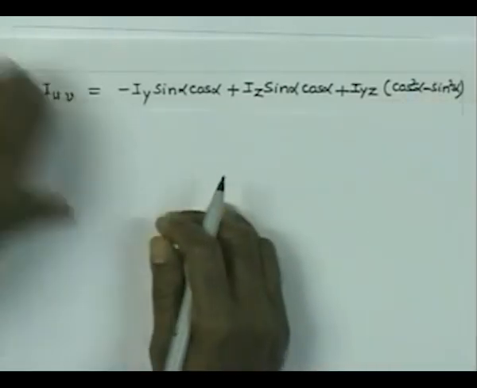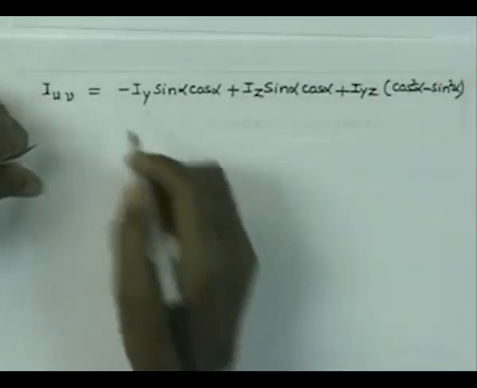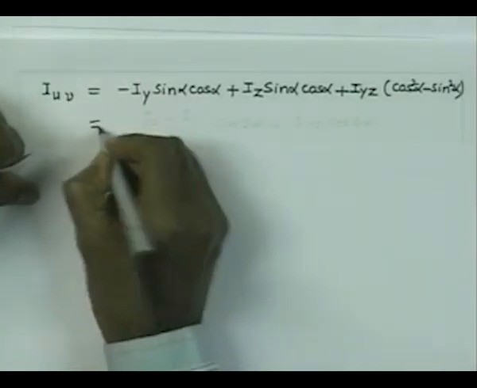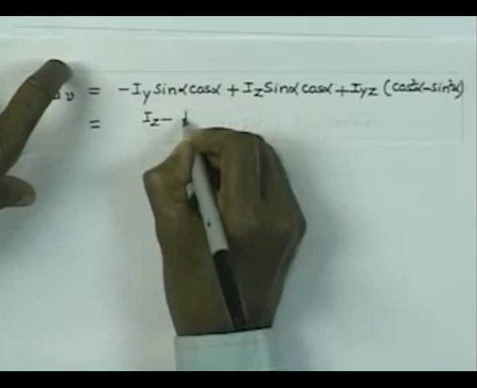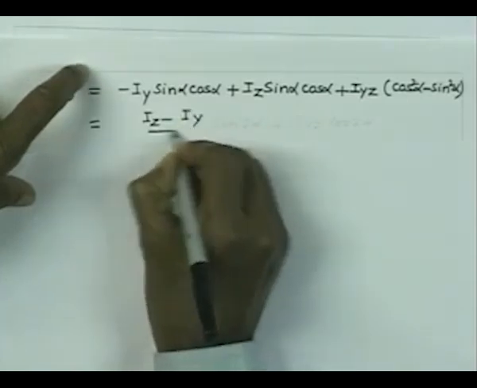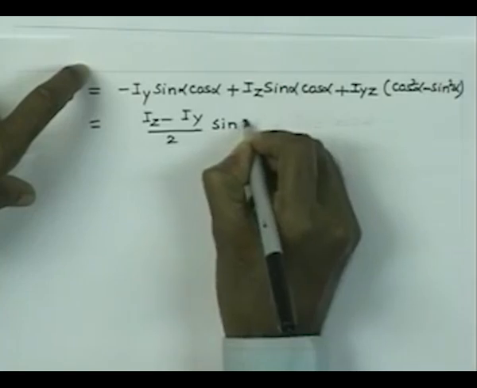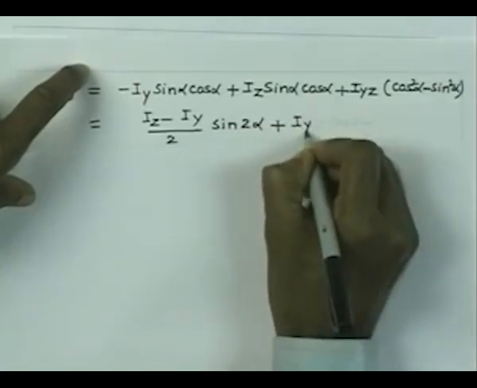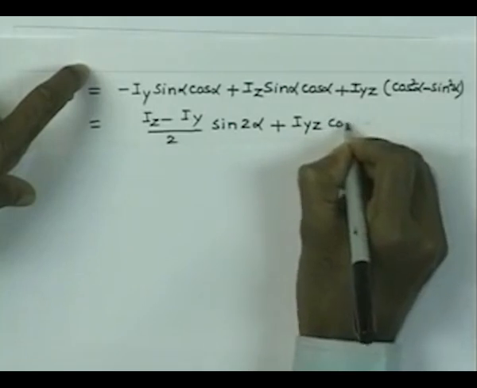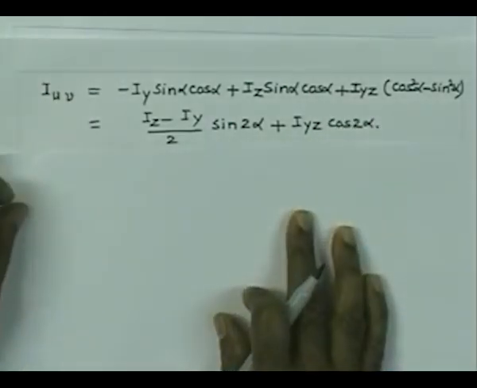So this is the value of Iuv, and we can now write this in terms of sin 2 alpha and cosine 2 alpha. So this will be (Iz minus Iy) by 2 sin 2 alpha plus Iyz cosine 2 alpha. This is the product moment of inertia.